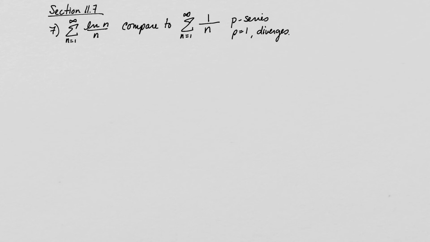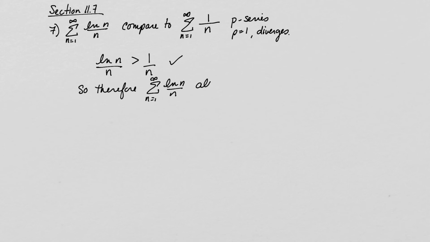And I know that the natural log of n is bigger than 1 once I get out far enough. And so because of that, the natural log of n over n is going to be bigger than 1 over n, which is what we need. Therefore, the series n equals 1 to infinity of the natural log of n over n also diverges.